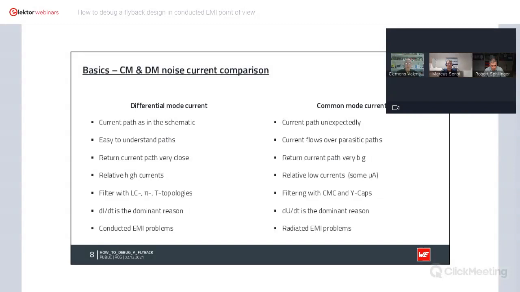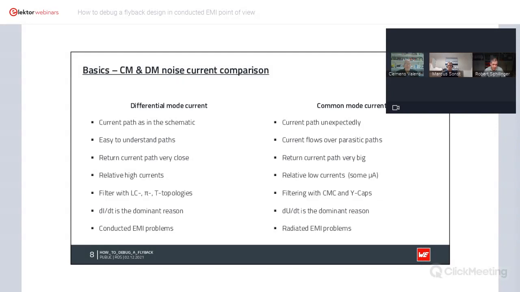And what can we do against this differential mode noise? We can filter with a simple LC or maybe a pi or a T topology. The dominant reason is the current and the high change of the current, the high dI over dt.